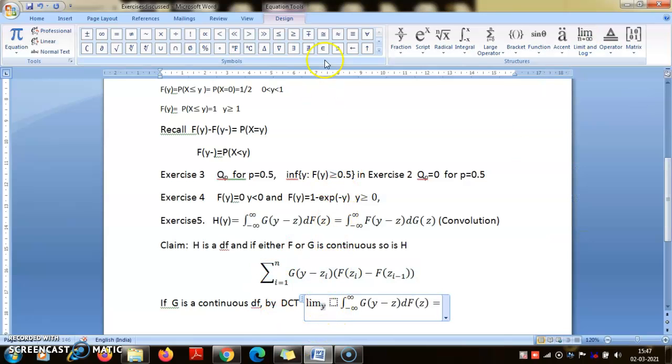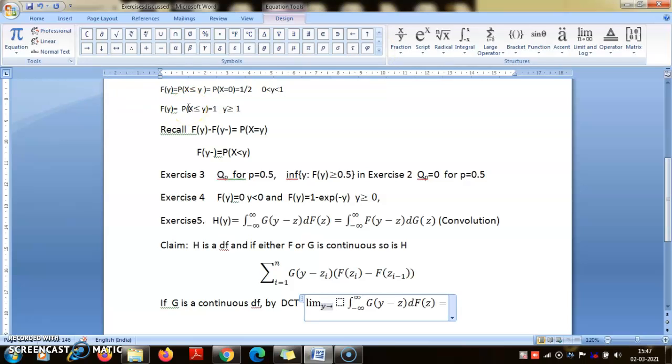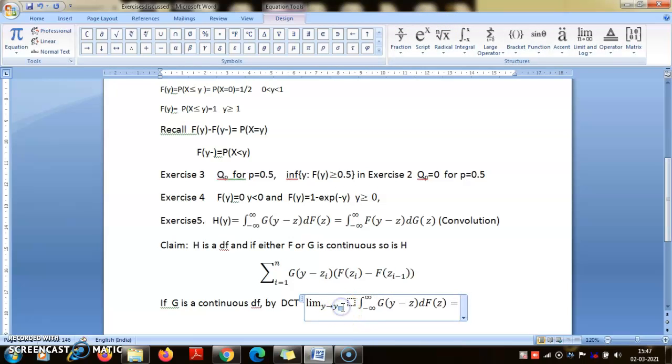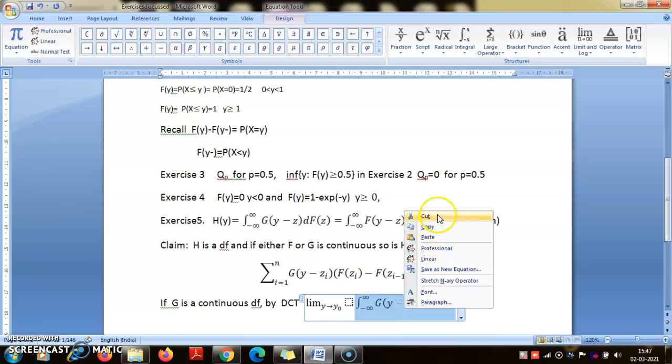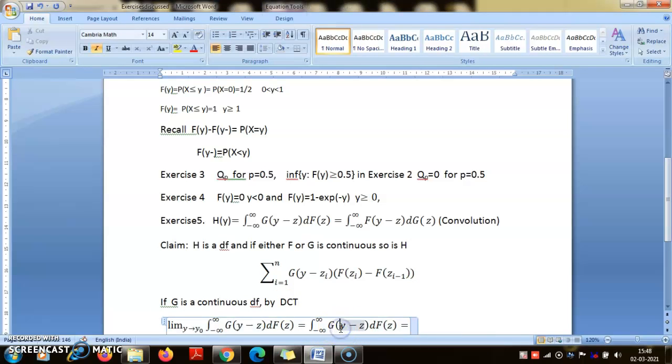So let us say y tends to y naught. This will be equal to the integral, and instead of y, you will have this limit y naught.